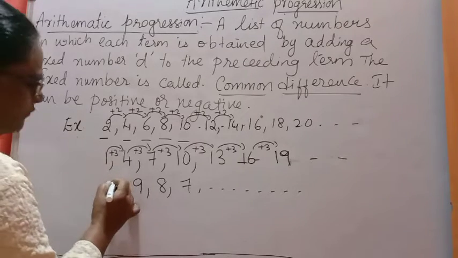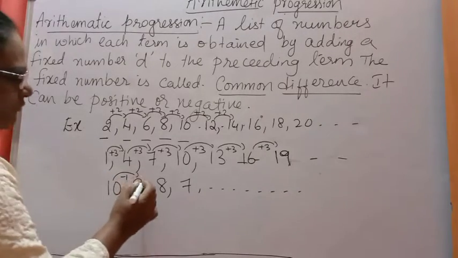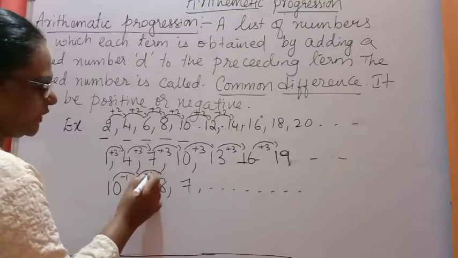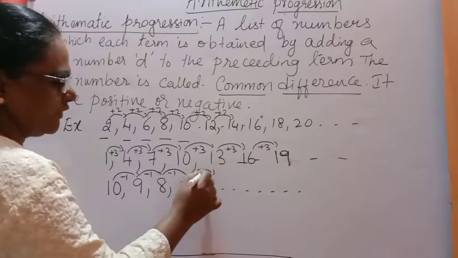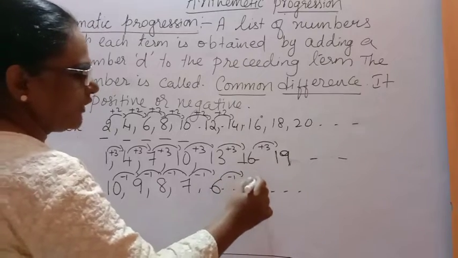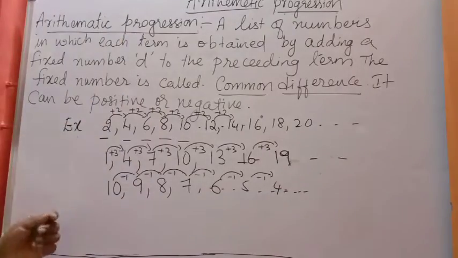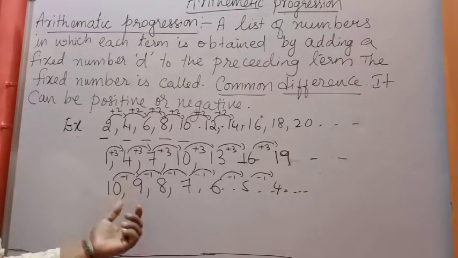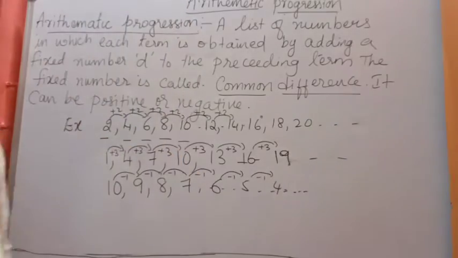So subtract 1: 9 minus 1 is 8, 8 minus 1 is 7, 7 minus 1 is 6, 6 minus 1 is 5, 5 minus 1 is 4. If you go on taking 1 from each number, you will get the next term.